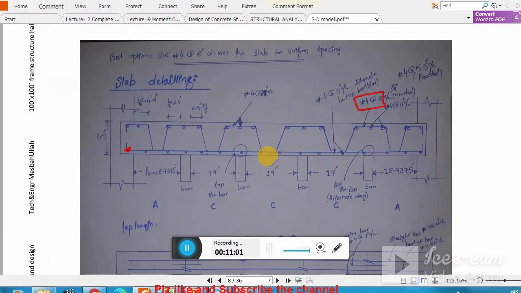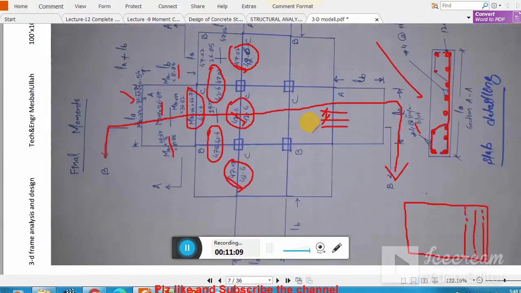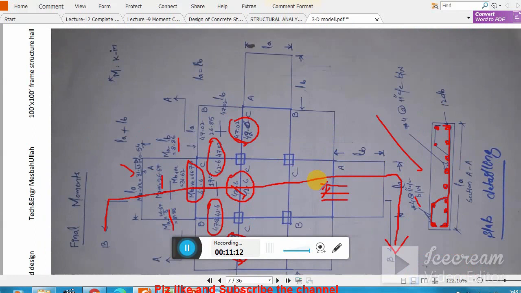Clear? And the spacing of the rest of all the bars is 11 inch center to center. Only at the first support, at the junction of panels A and C, these top bars spacing is 8 inch center to center.